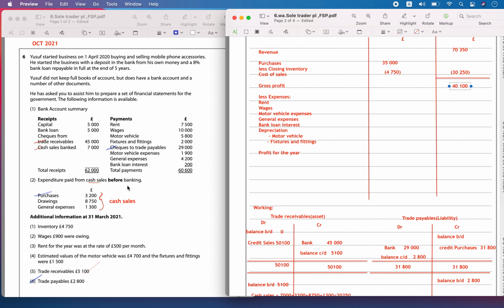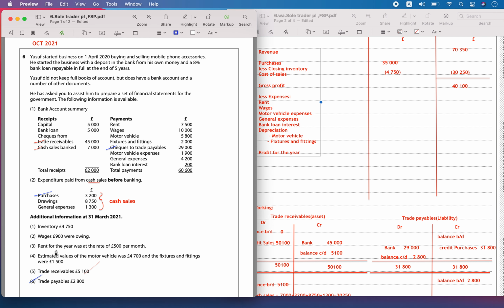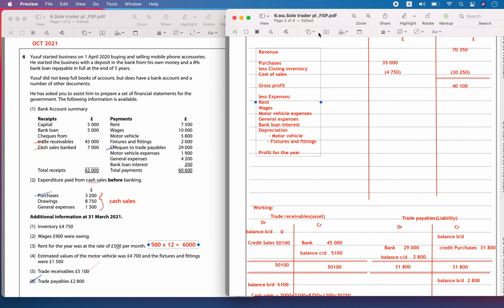Let's do first one is rent. The rent expense, okay, what is the actual rent that needs to be paid for this year? It says that rent for the year is at 500 per month. So which means that 500 into 12, they are supposed to pay 6,000, actual rent to be paid.